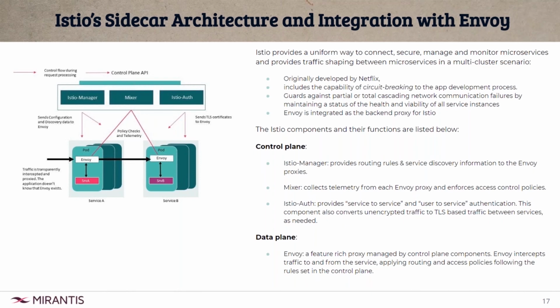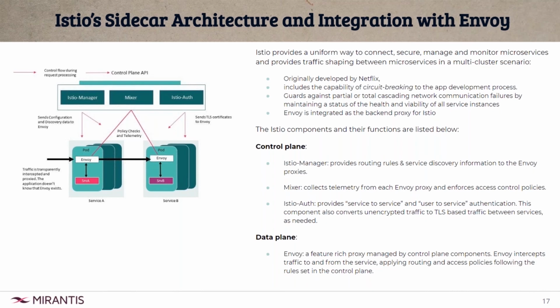So the manager itself is the rules manager for policies and things that drive the Envoy proxy capabilities. The mixers allow for probes for the telemetry to be captured. And of course, authorization, Istio auth, allows in the control plane for service to service, TLS, and all of the encryption methodologies that keep things safe.